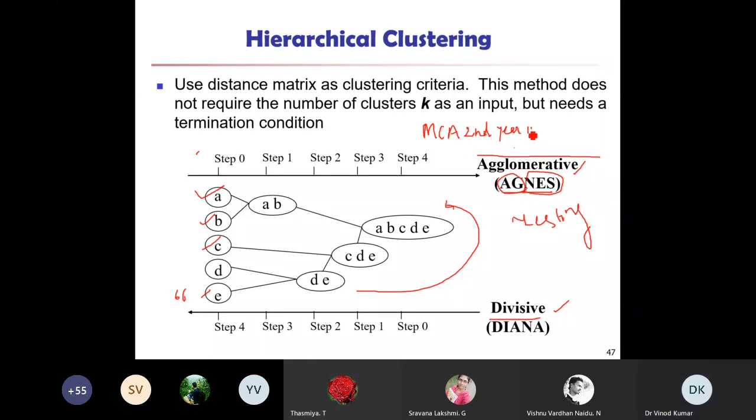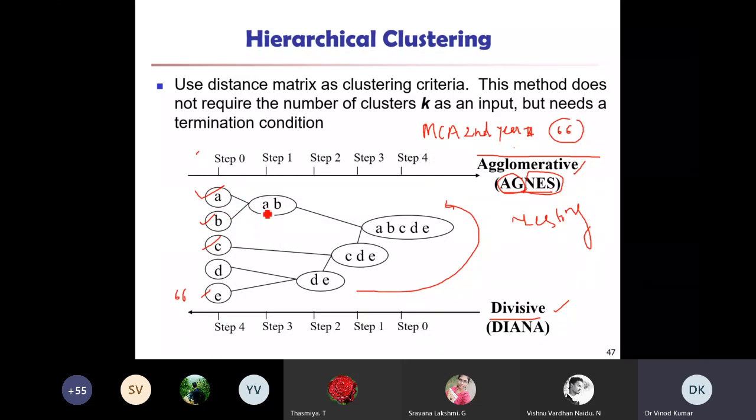So each student I can treat as one cluster. So how many clusters initially will I have? 66 clusters. Like this, we have taken here only 5 elements.